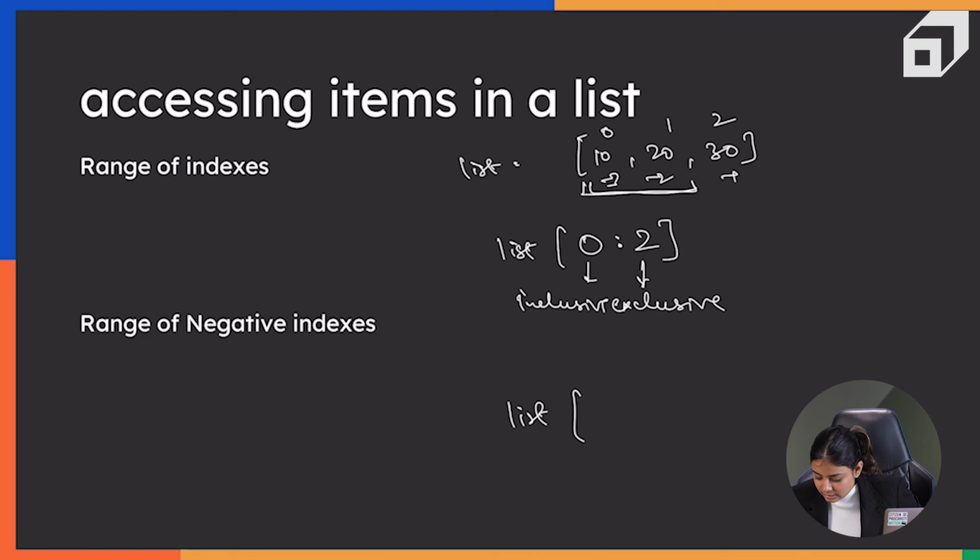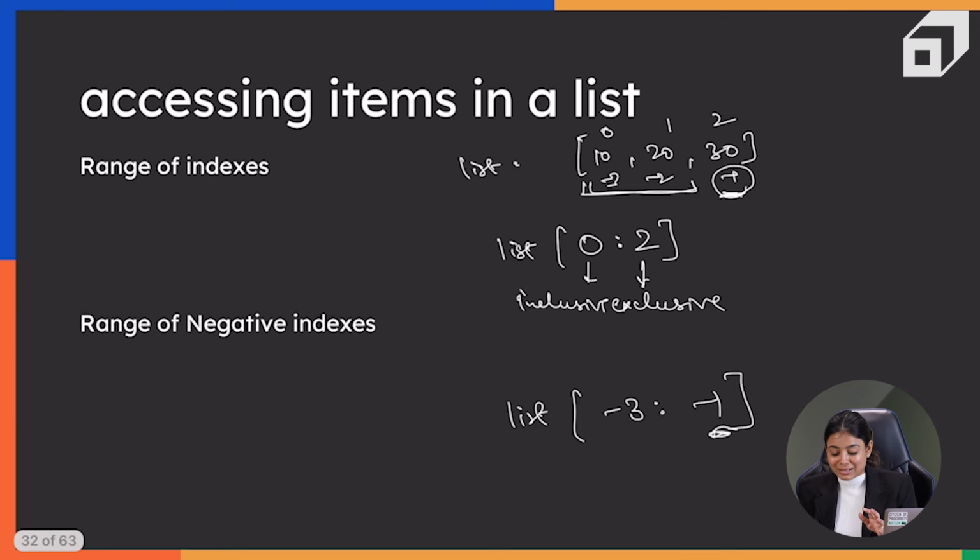So in this case, I'll go from -3 to -1, sorry, because again the ending point is exclusive, so I'll have to mention the last index -1. Okay, so basically if I'm mentioning -1 here, it will take till -2. Okay, so this is how we can access items in a list.